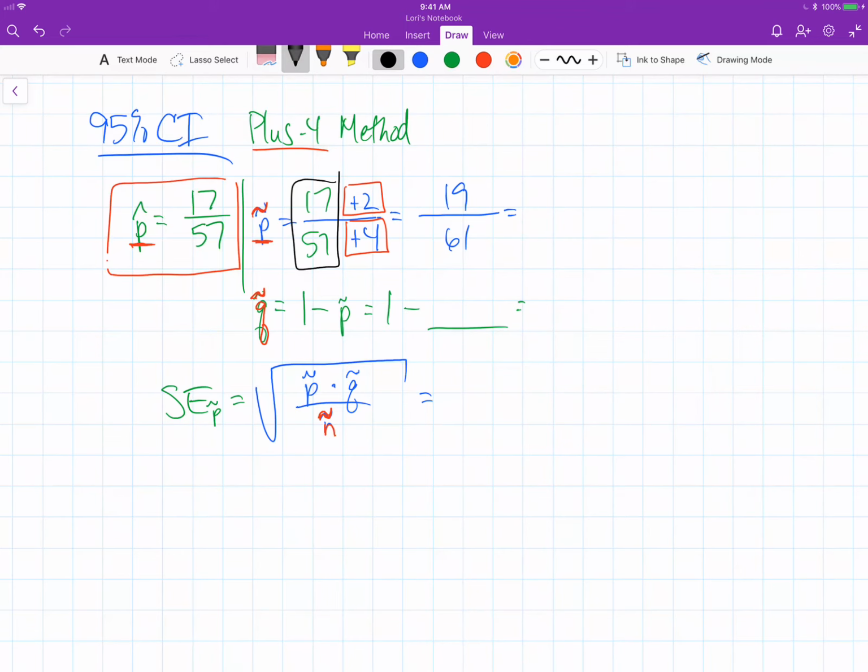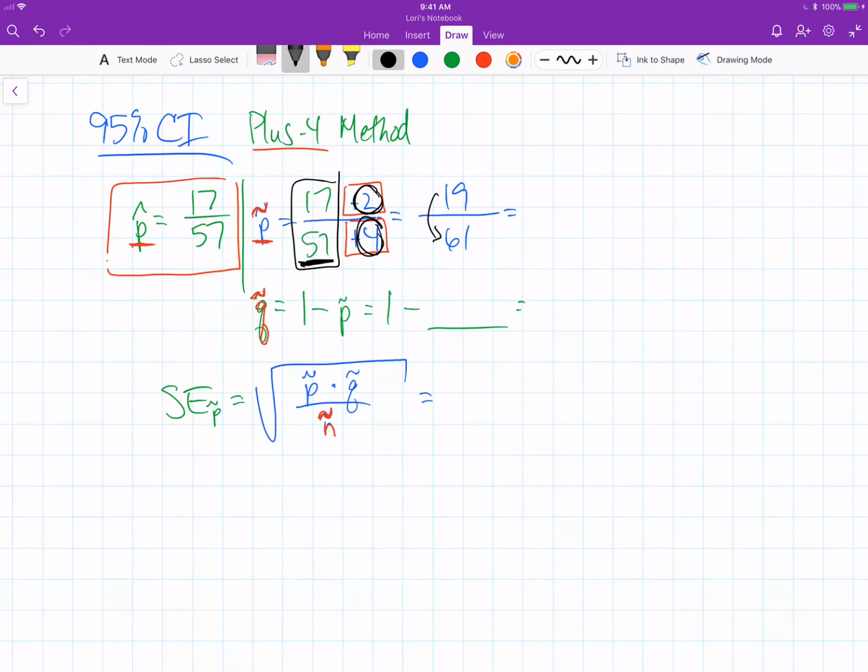As you can imagine, the larger the sample size is, if this was 100 or 1,000 or 10,000, adding 2 and adding 4 does not make all that much of a difference to the overall ratio. But as the number gets smaller and smaller, this makes more of a correction. So it's more important for smaller sample sizes and less important as the sample gets bigger and bigger.